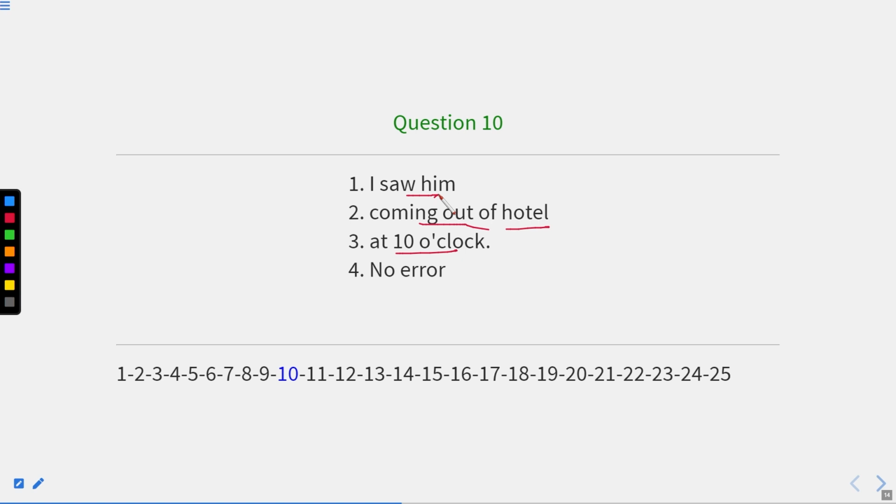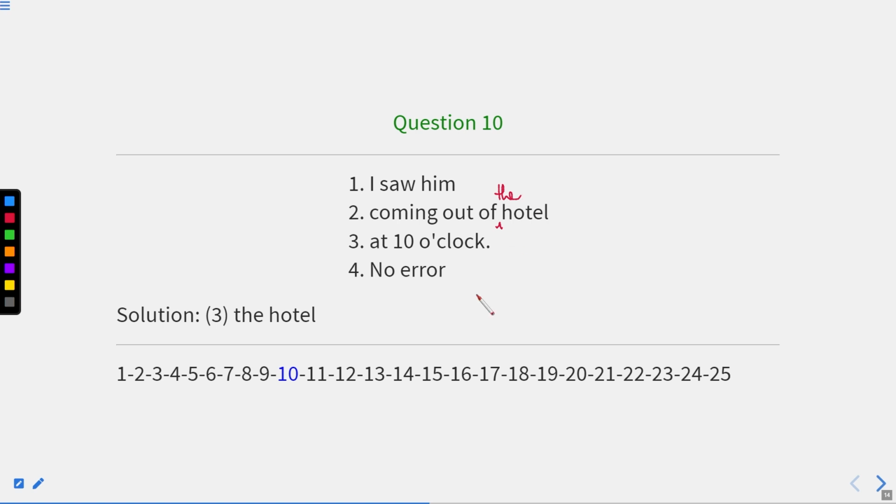But for a different purpose we need to put "the" before it, or it can be "a" or "an" depending on the situation, that is, whether we are making it definite or indefinite. Now, I saw him coming out of hotel at 10 o'clock. It means we are talking about a particular hotel at that time. So in this case we'll write "the hotel", because first of all, coming out is not the action which is related to the hotel.